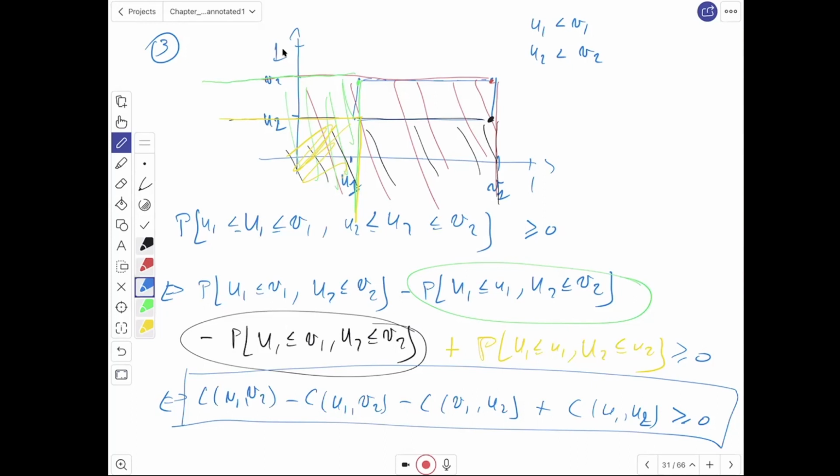You can go the other way around. You can say, if I find a function C that satisfies these 3 conditions you derived here, then C always has to be a valid CDF, meaning joint CDF. Meaning that if you find a function C that satisfies these 3 conditions, then C is a copula, right?